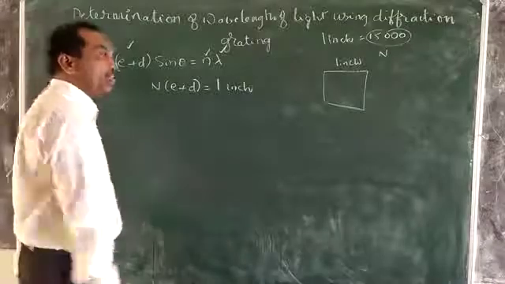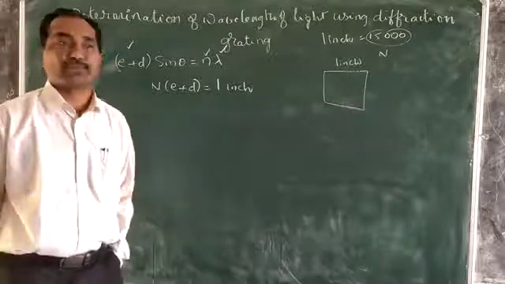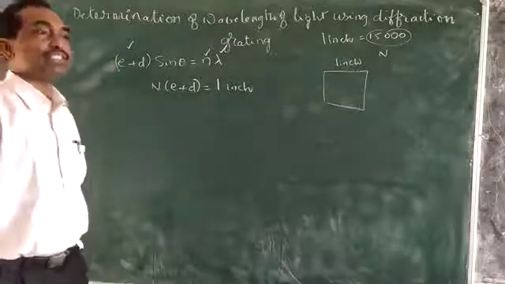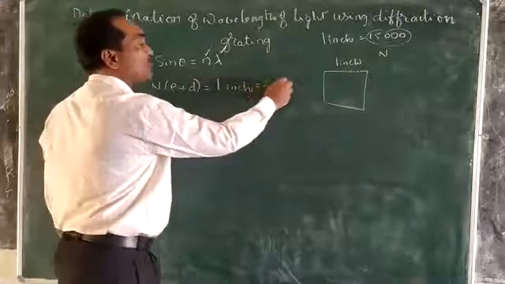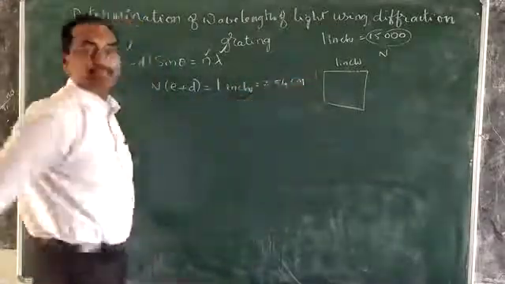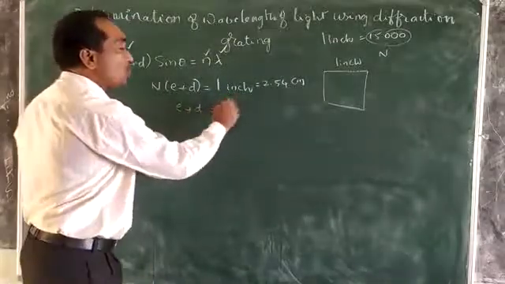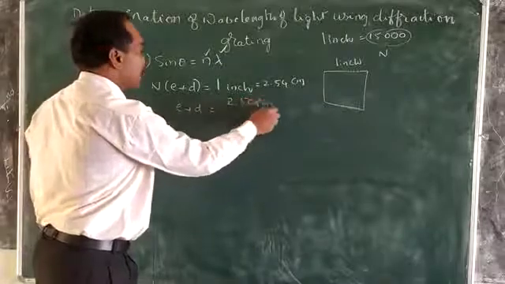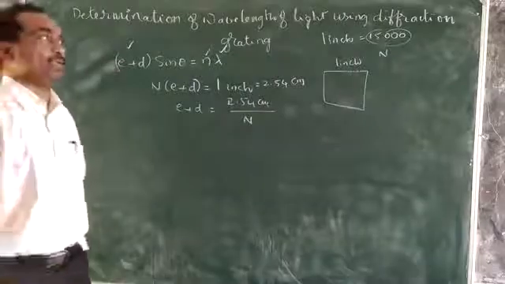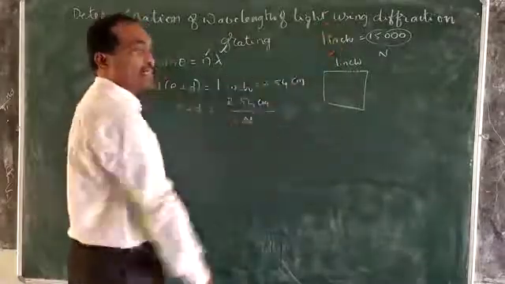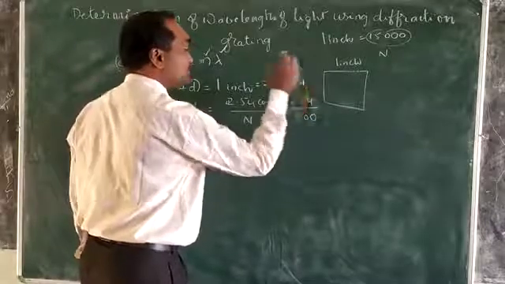But in all the calculations we will use maybe CGS units or SI units. In CGS units we use centimeters for length. We know 1 inch is equal to 2.54 centimeters. So (e + d) is equal to 2.54 centimeters divided by capital N. In most cases, our laboratory grating has N equal to 15,000, so that is 2.54 by 15,000.